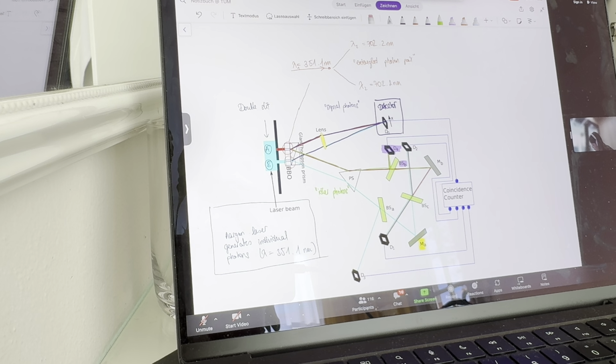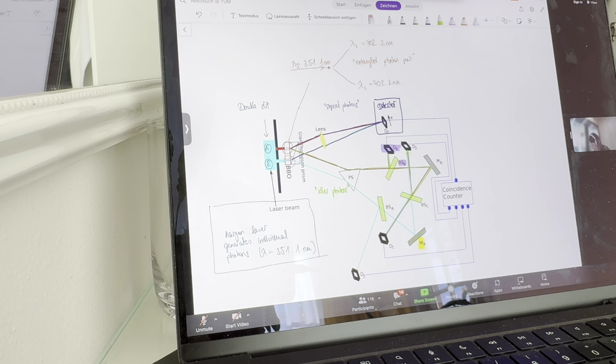So it would take this way. Here we have just a mirror, that means it's just reflected. And then we again have a beam splitter, that means again a 50% probability that it is reflected. In this case, it would go like here, and then it would be detected by detector D2. And in the other case, it just travels through the beam splitter and will be detected by D1. And the same happens with the second idler photon. So I will just do it for clarification.